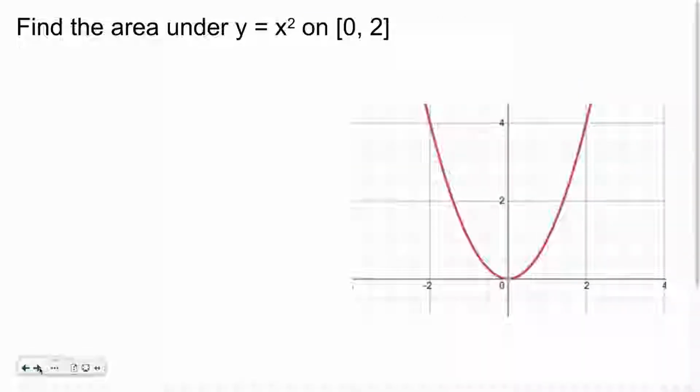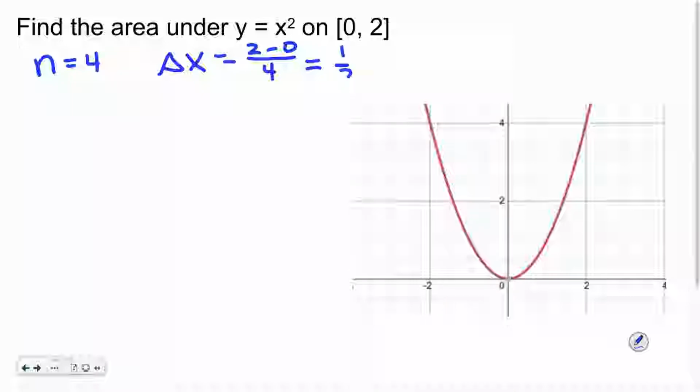Okay? So let's do the problem on our foldable, like we did on all the other ones here. So we're still going to do n is 4, and delta x is 2 minus 0 over 4, which is 1/2.